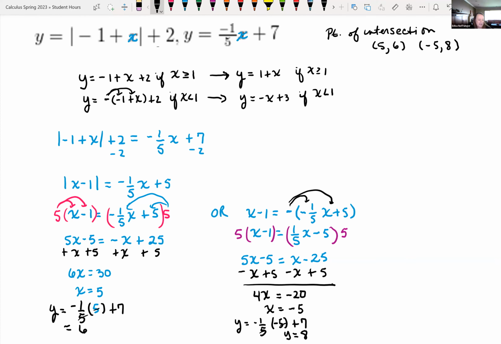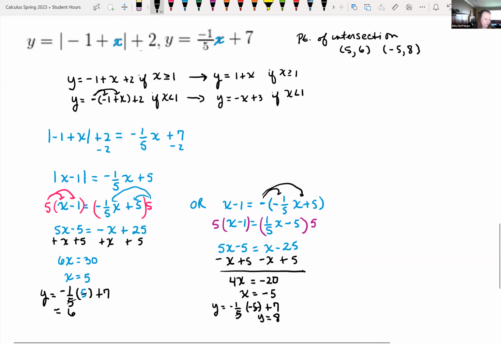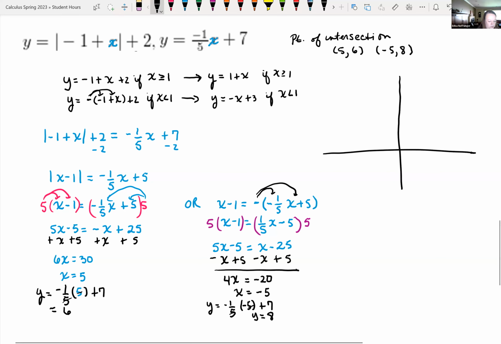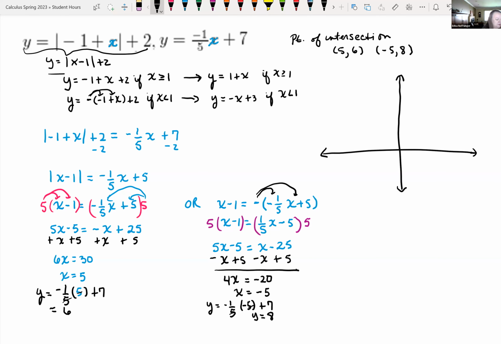Okay, so it asked us to graph this, and we have some pieces to help us graph. So the first equation, I can plot points or I can use some algebra in here with transformations of graphs.